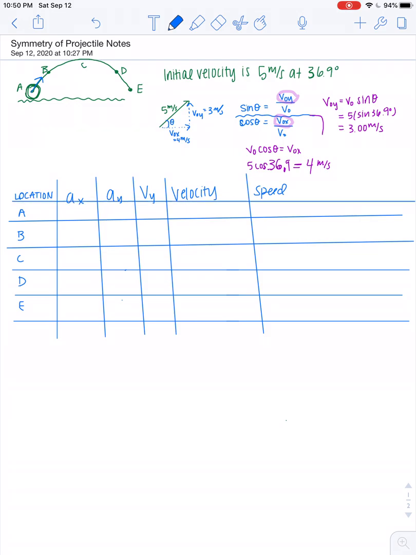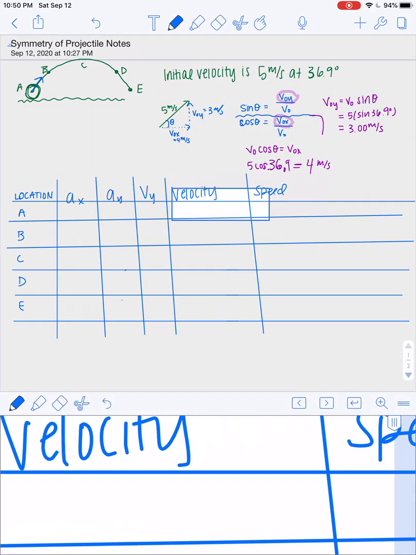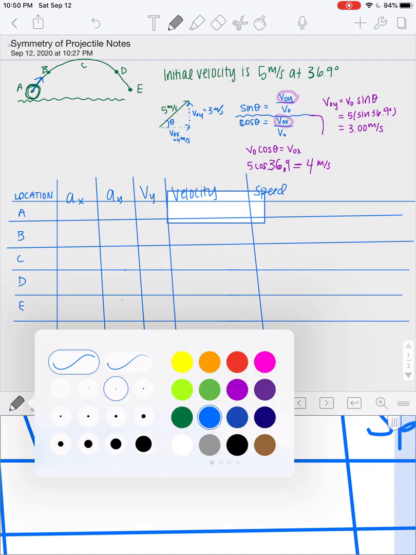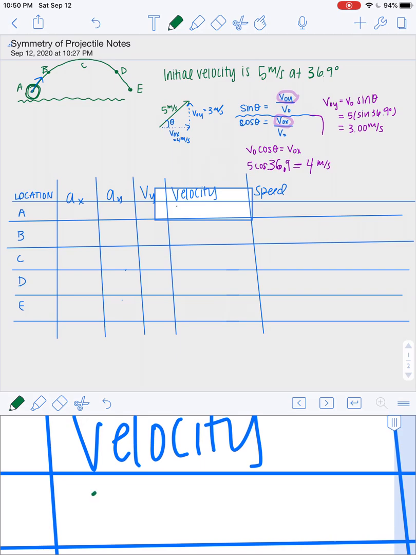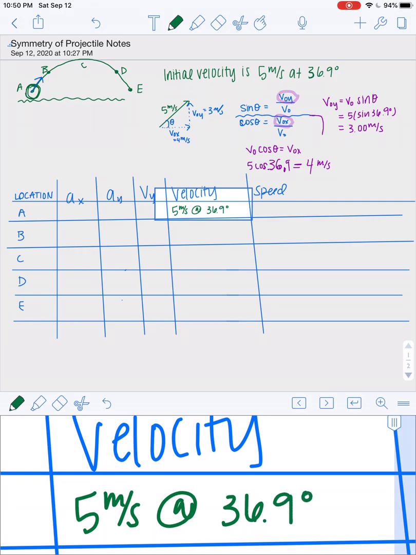Velocity is the velocity, so we already know one of these velocities. It was given to us. We know the velocity at A, which is going to be 5 meters per second at 36.9 degrees. We know that that's the velocity.